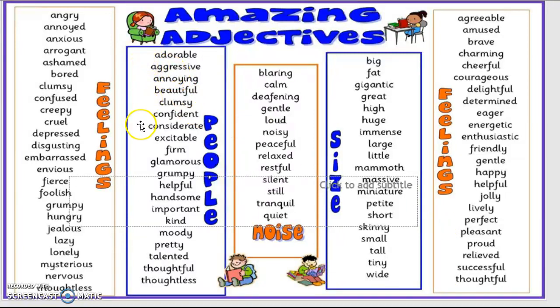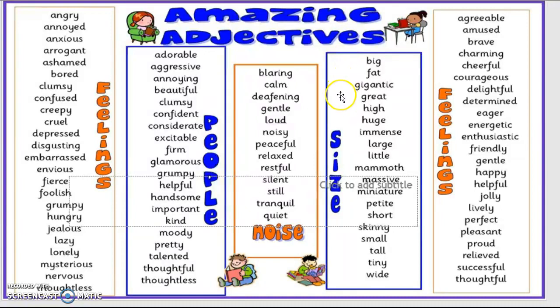There's also people. Here are some things that can describe people: adorable, aggressive, annoying, beautiful, clumsy, confident, considerate, excitable, firm, glamorous, grumpy, helpful, handsome, important, kind, moody, pretty, talented, thoughtful, thoughtless. We can make noises. Here is a list of noises: blaring, calm, deafening, gentle, loud, noisy, peaceful, relaxed, restful, silent, still, tranquil, quiet.